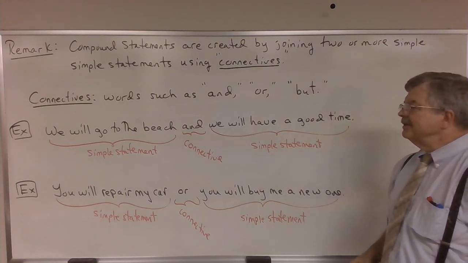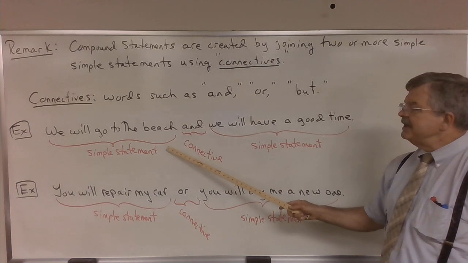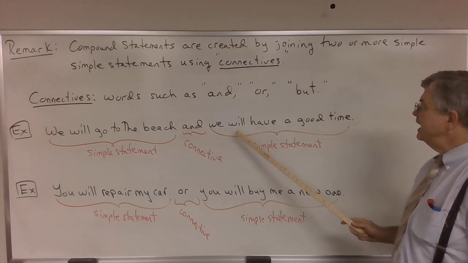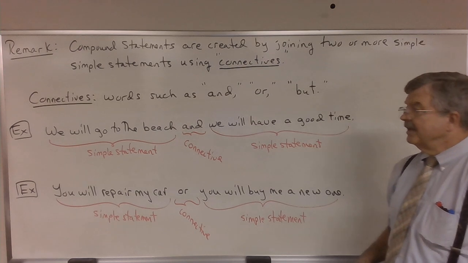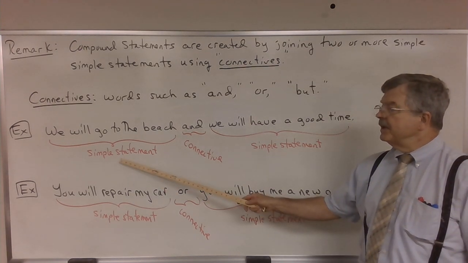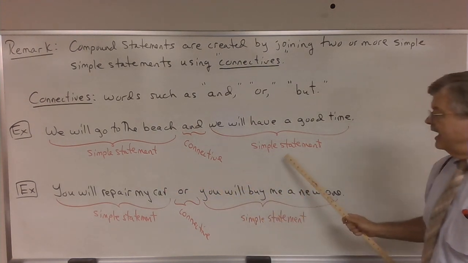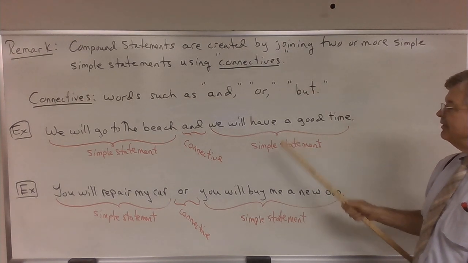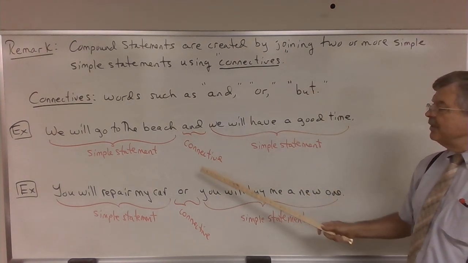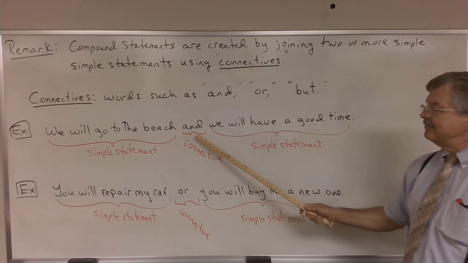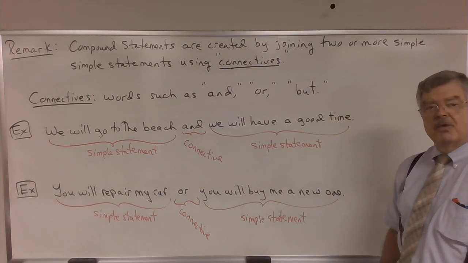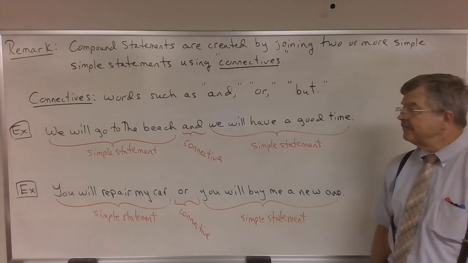Let's look at our old example again. We will go to the beach and we will have a good time. The simple statement, we will go to the beach, and the simple statement, we will have a good time, are joined together by the connective and to form a compound sentence.